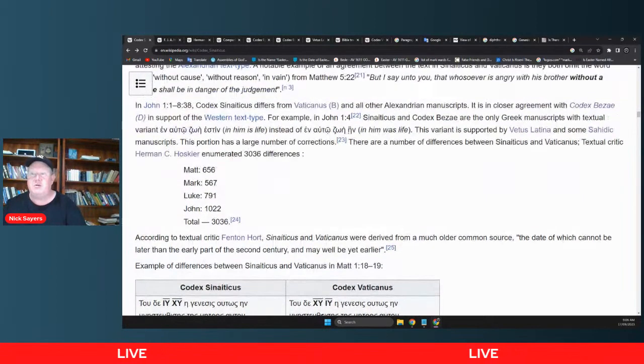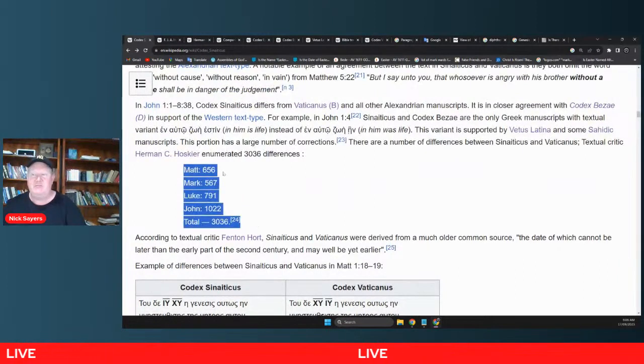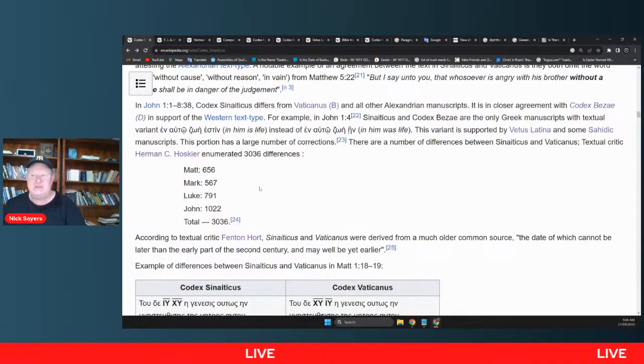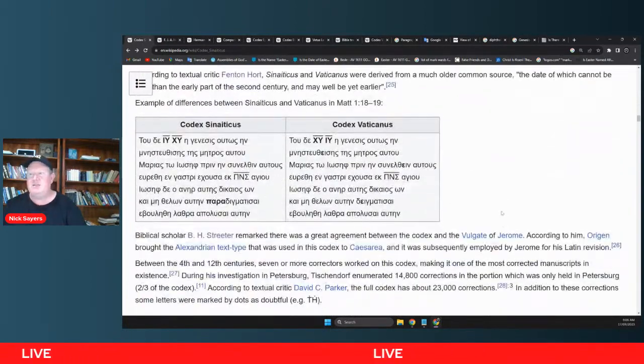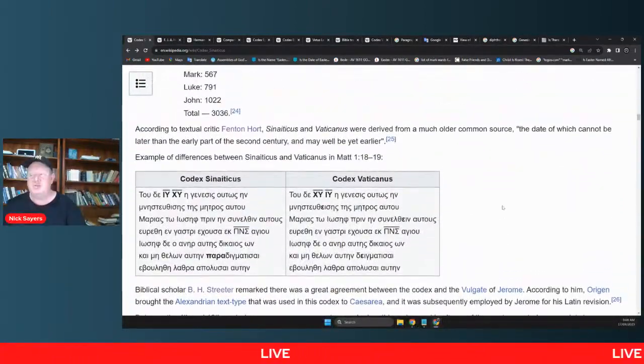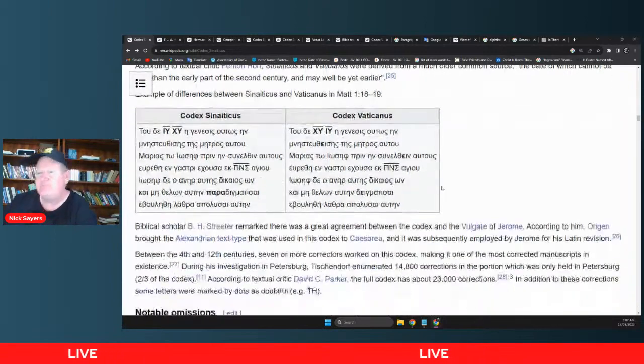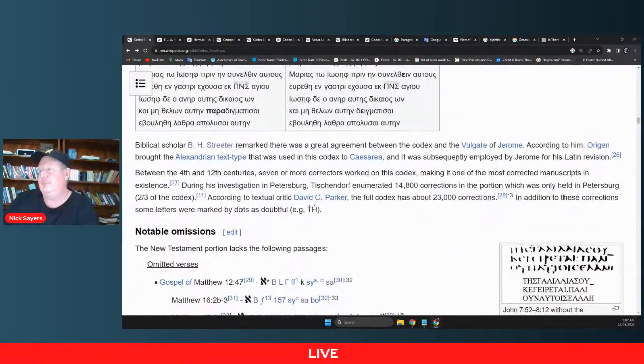Well, Hoskier was saying that they've got so many differences. Burgon was saying there's huge differences. And when you look at modern scholarship, oftentimes they're fudging the books when it comes to Vaticanus and P75. And so I would take Hort's estimation, that this comes from an earlier manuscript and they're related somehow, with a pinch of salt.